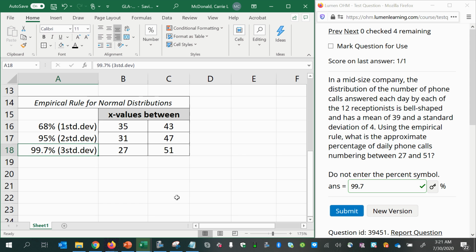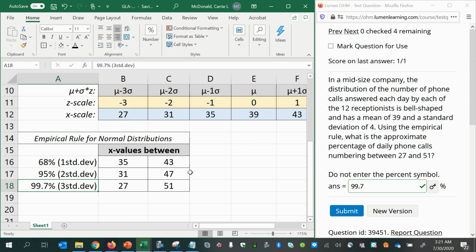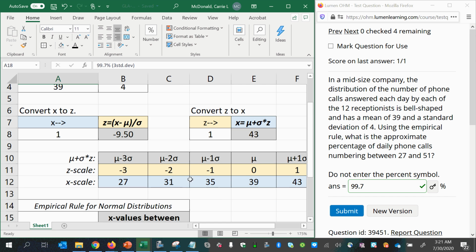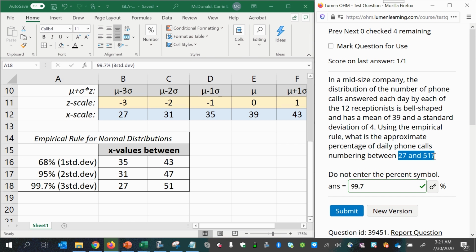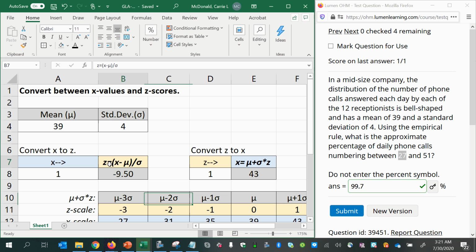Now, you might be wondering, well, if I didn't set up this whole thing, how would I get my answers? Well, you can convert each value they give you to a z-score, and that'll tell you how far away it is from the mean. So let's say I just take 27 and convert it to a z-score. The z-score formula is up here.